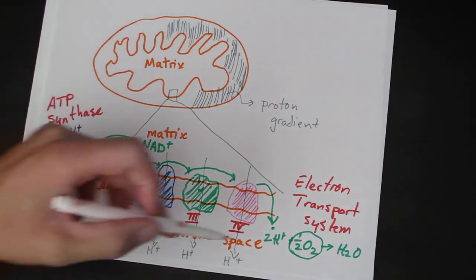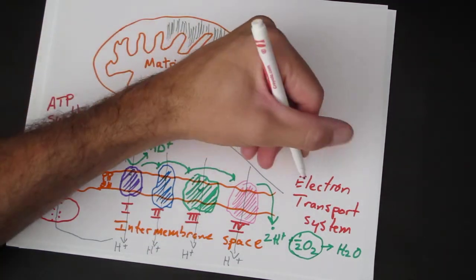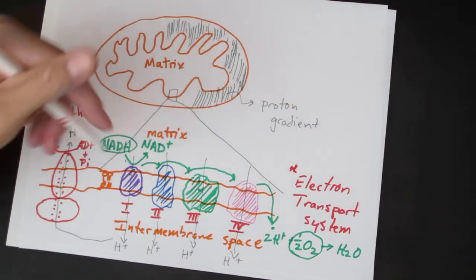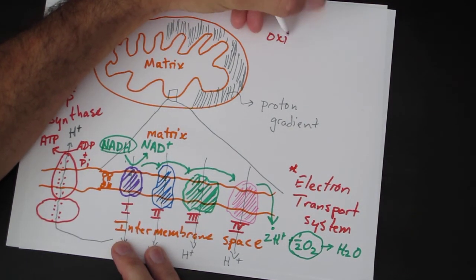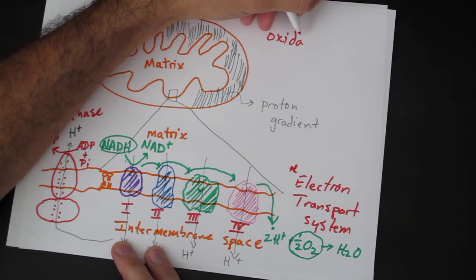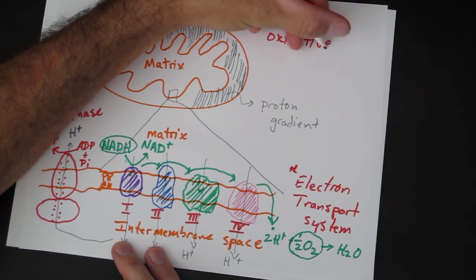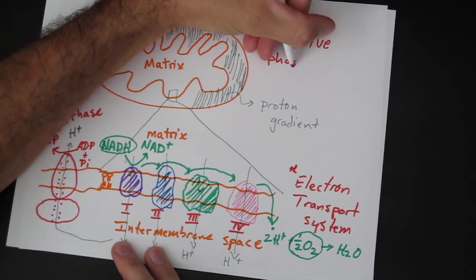The entire thing that we're looking at here, the combination of the electron transport system and ATP synthase, is what we call oxidative phosphorylation.